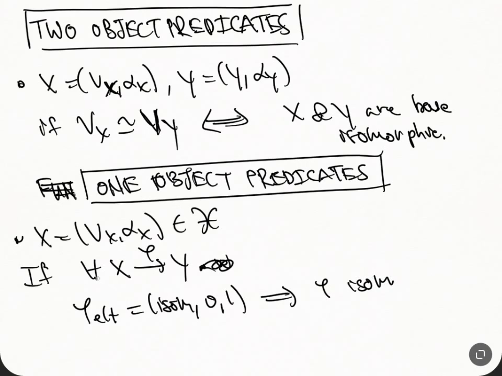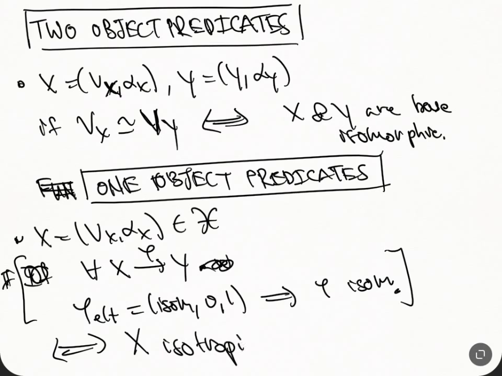So if this condition holds, whenever we have one of these, if it looks like this, then it's an isomorphism. This is what we call isotropic.